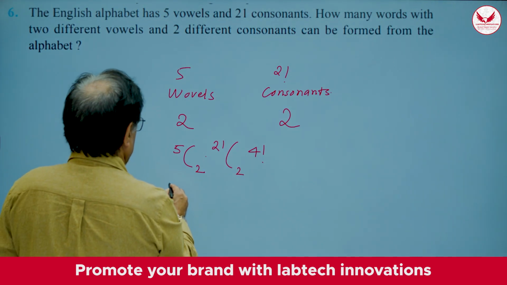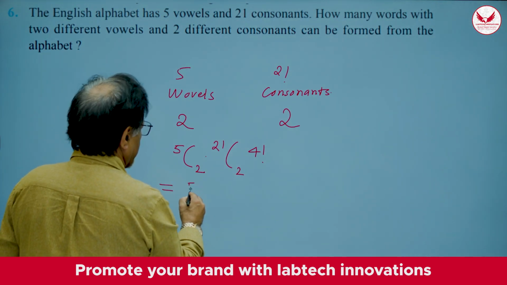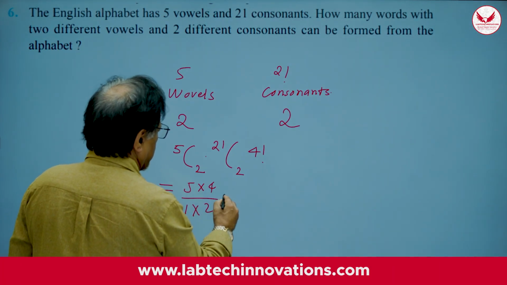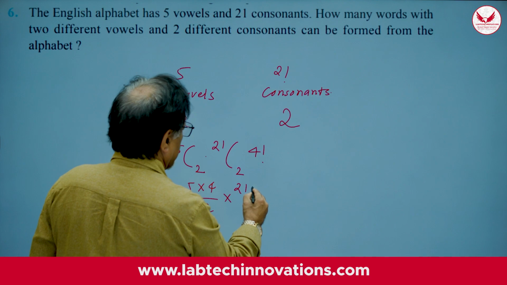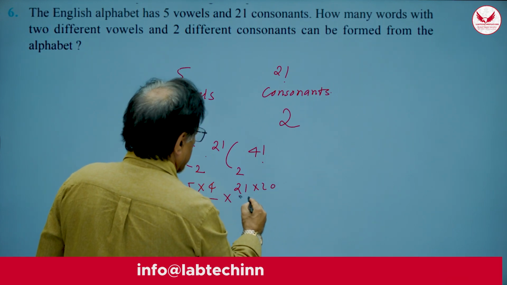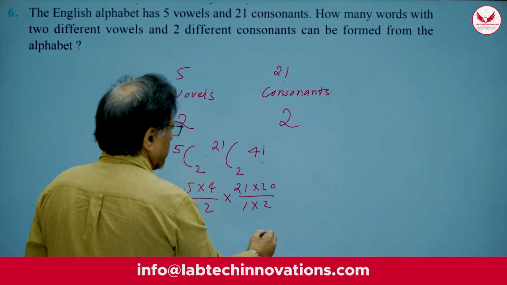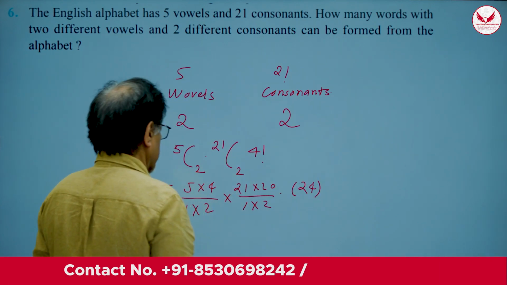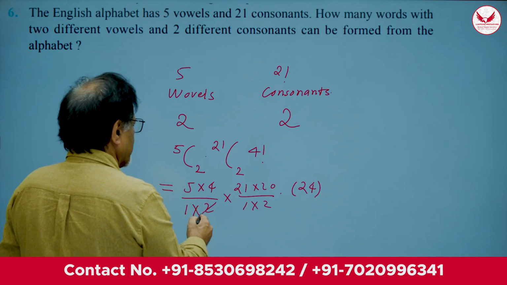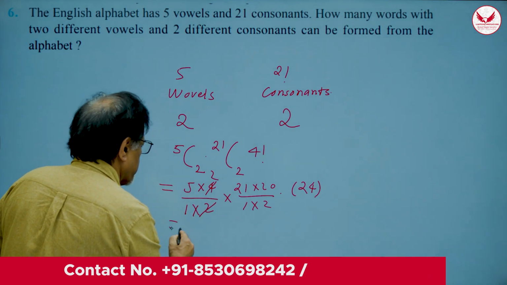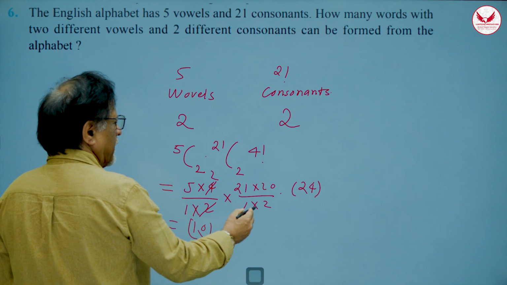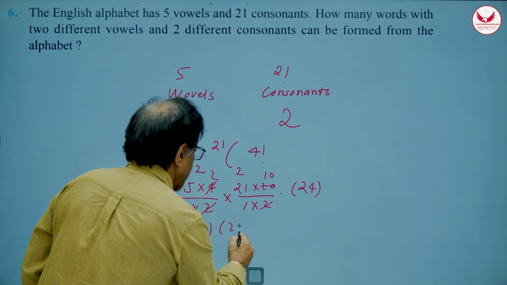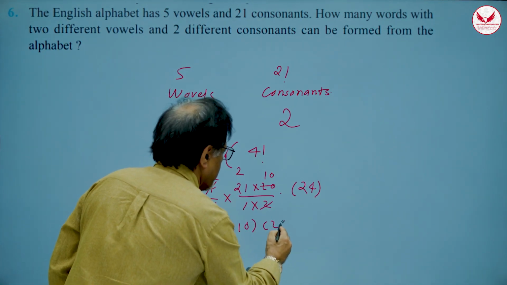Now if I want to find out a numerical answer for this, it is 5 multiplied by 4 divided by 1 multiplied by 2. This is 21 multiplied by 20 divided by 1 multiplied by 2. 4 factorial we already know it is 24, correct? So that means I am cancelling this 4 and this 2, so this part becomes 10, okay? I am cancelling with this 2, this part becomes 10, so this is 210 and multiplied by 24.